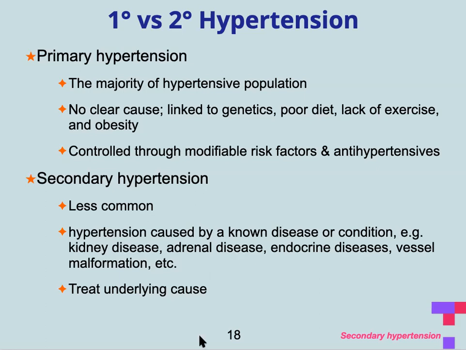And so in secondary hypertension, instead of treating the modifiable factors and using antihypertensives, it's more useful to treat the underlying cause. Okay, so if it's a renal artery malformation, then they have to do a procedure on that renal artery, for example.